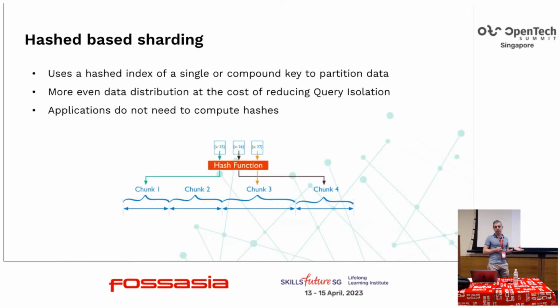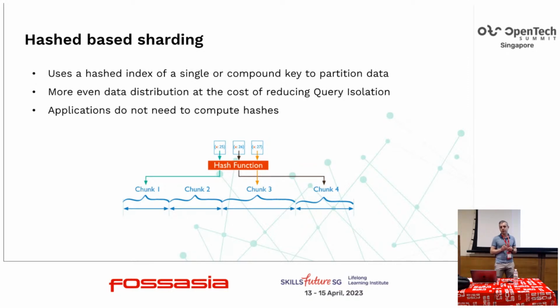Instead, if we go with hash-based sharding, for every document, on the key that we decide to shard, the cluster will decide. It has a hash function. The application doesn't need to compute that. The cluster will have a hash function, and it will create a hash of the shard key.